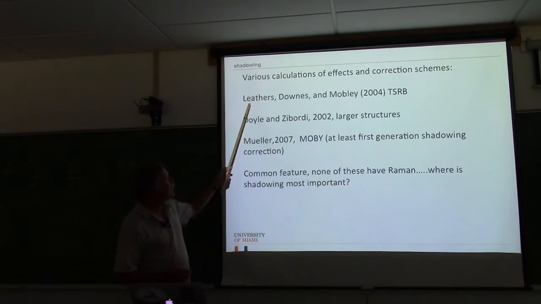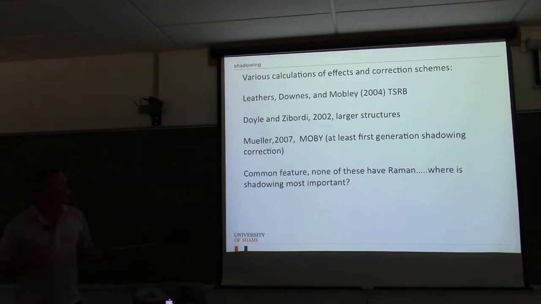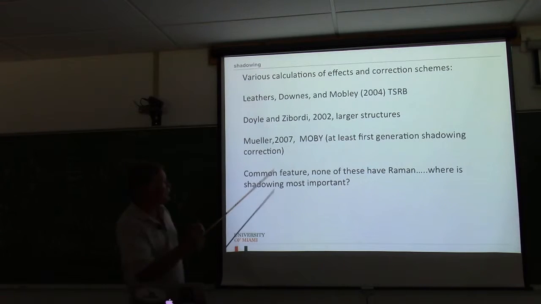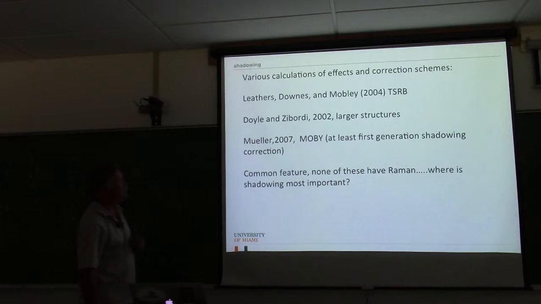And so they describe the correction in that paper. Giuseppe Zibordi had a correction scheme for larger structures. Giuseppe is involved with these above water measurements. Anyway, so he does it for like the docks and structures that his detectors are on.